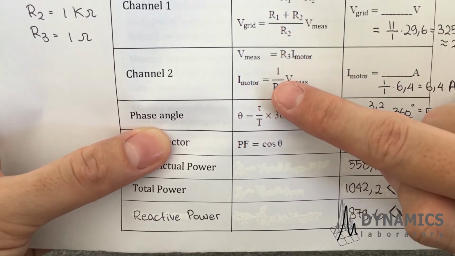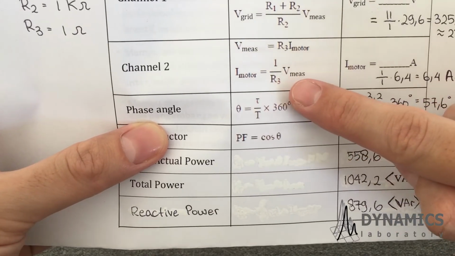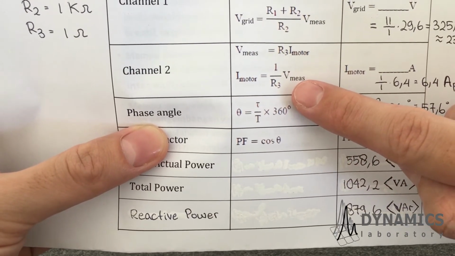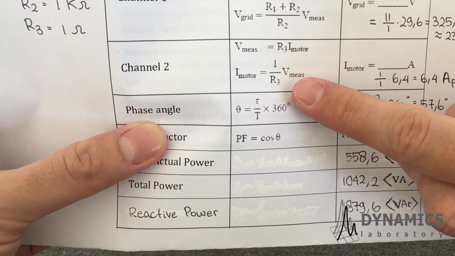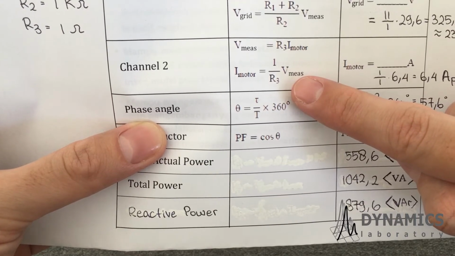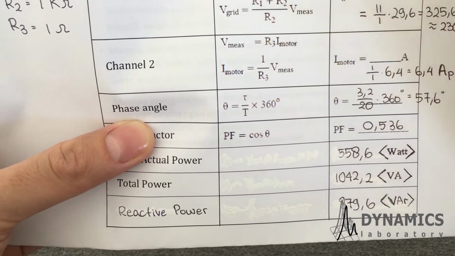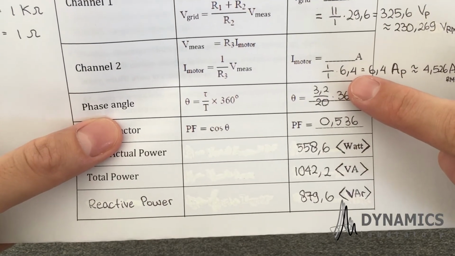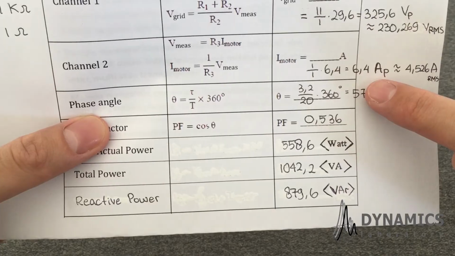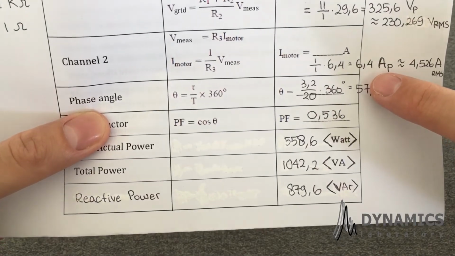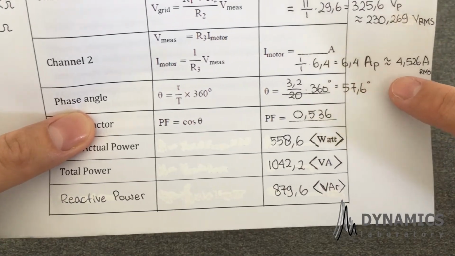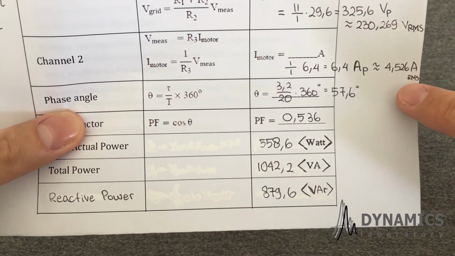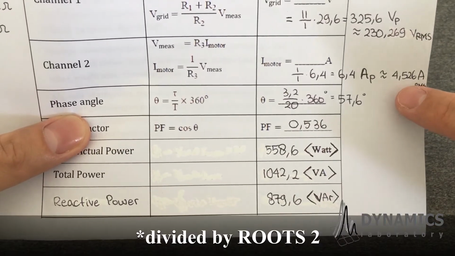So that's why I motor is equal to the voltage measured by the oscilloscope at channel 2. And the value is 6.4, or 6.4 ampere peak. And to get the RMS value, you just divide it by square root of 2.